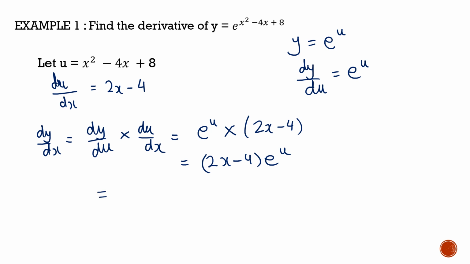Now I can do lots of things to this question. I can see that the 2 is common out there, so I'm going to take it outside the bracket. That leaves me with x minus 2 in the bracket, and then the u is not u at all. We're going to bring back the original function, so that's x squared take 4x plus 8, and that should be our final answer.